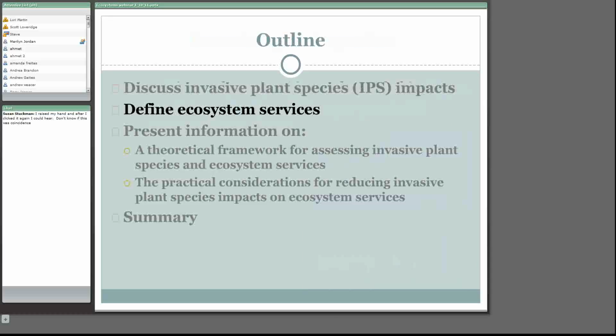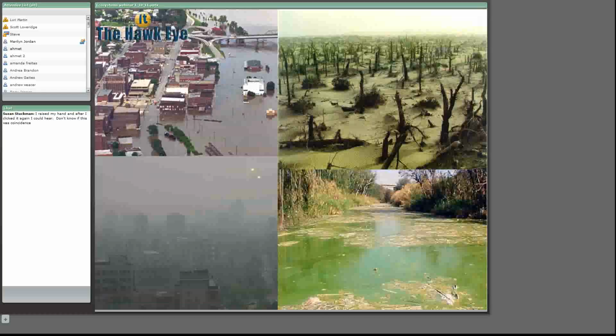So, defining ecosystem services. First of all, I just want to show this picture of ecosystems which have obviously been affected in one way or another.